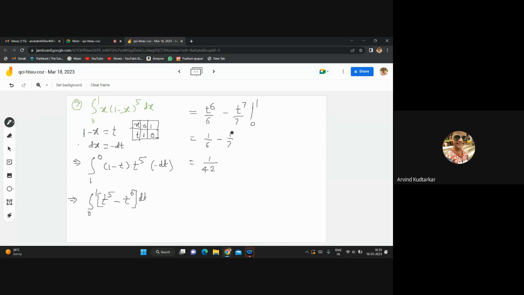Integral from 0 to pi by 4 of sec square x upon 1 plus tan x into 2 plus tan x into dx.